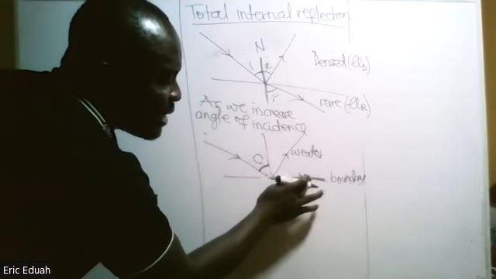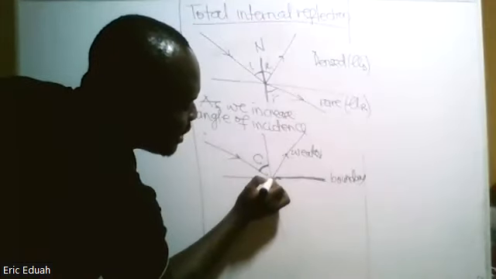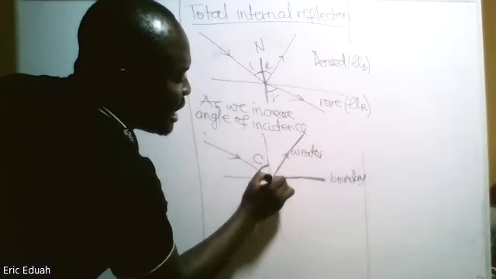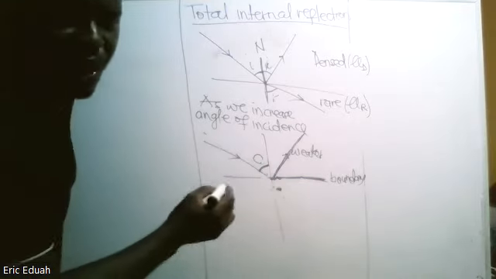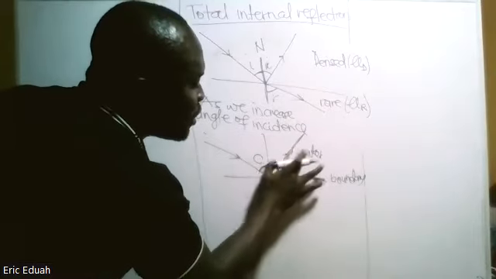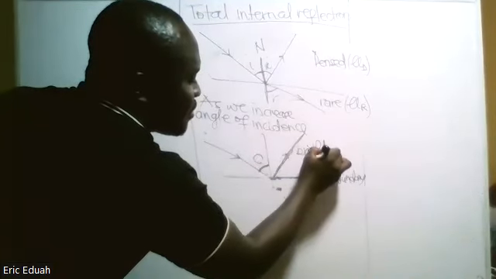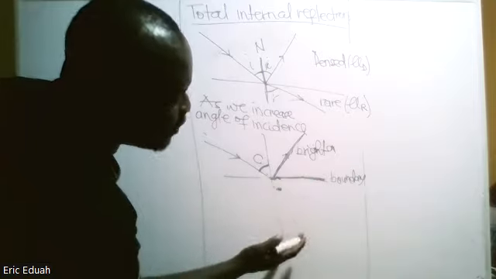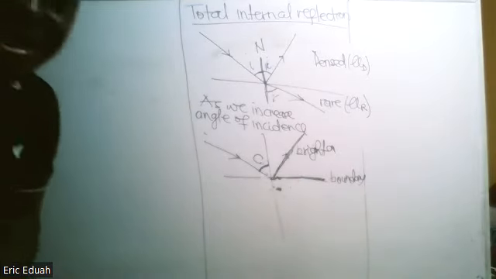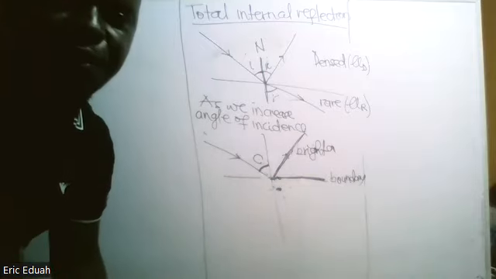You realize that the refracted ray would reflect 100% within the denser medium. And the reflected ray, which was before weak, will then be brighter. All the refracted ray now becomes reflected ray. And this condition is what we call total internal reflection.